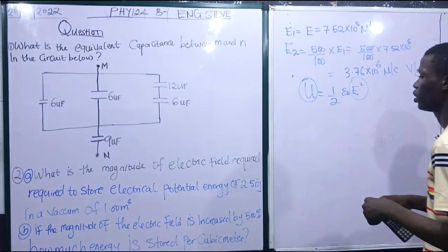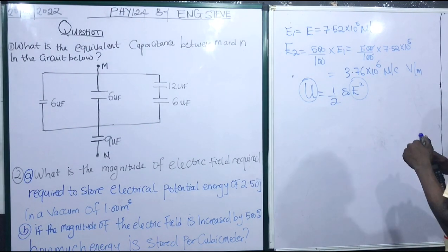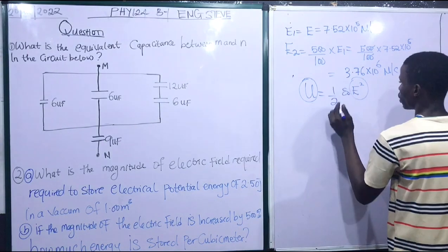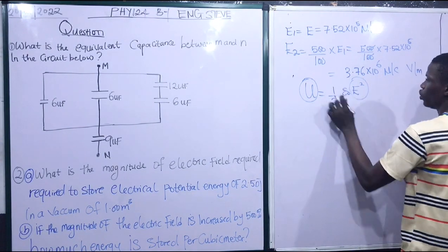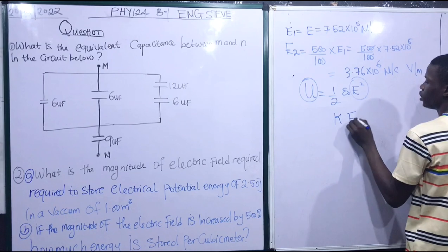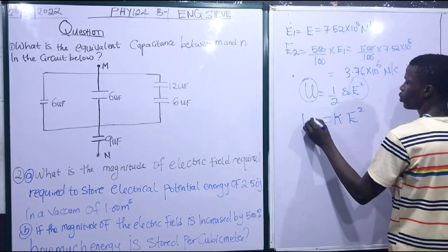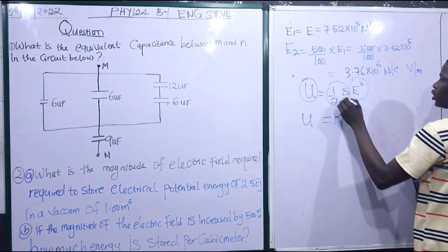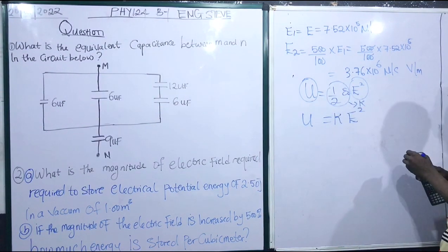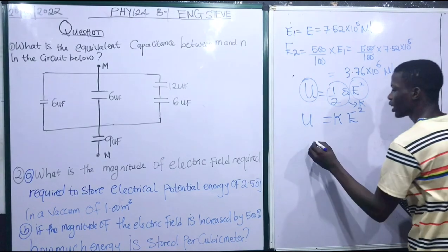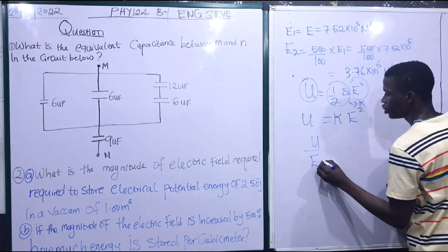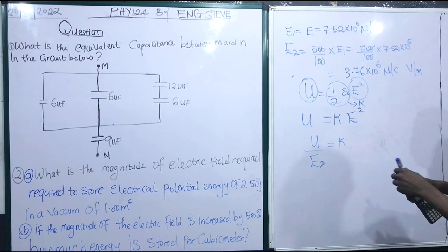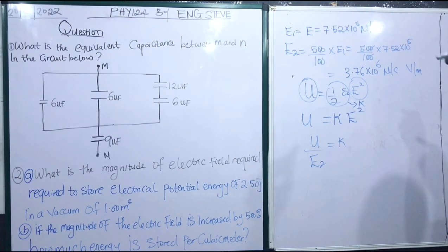That is what they are trying to tell us here. So if I make these constant, let's make the whole of this part K. Now we are left with U equal to K E square, so U over E square is equal to K. From here I've gotten an equation that I can use to relate both our E1 and our E2.